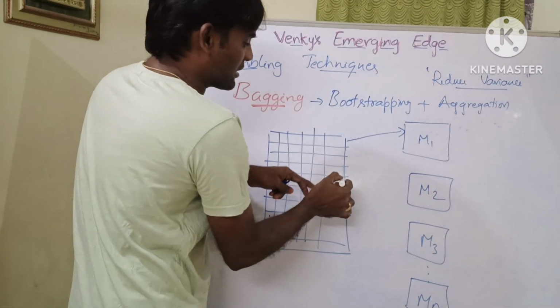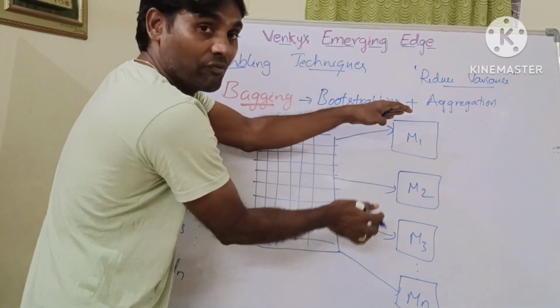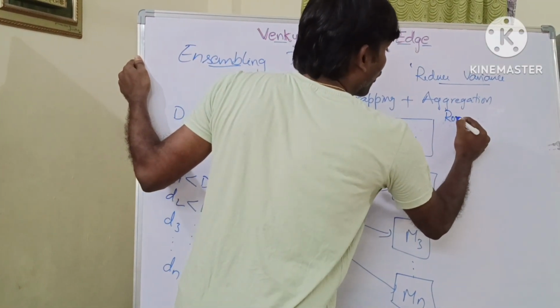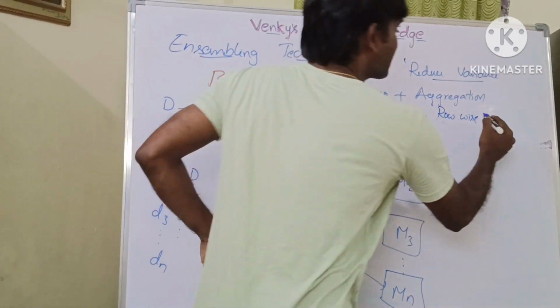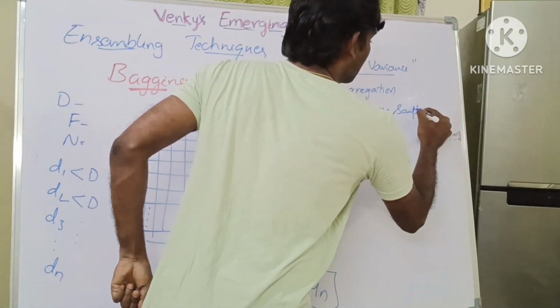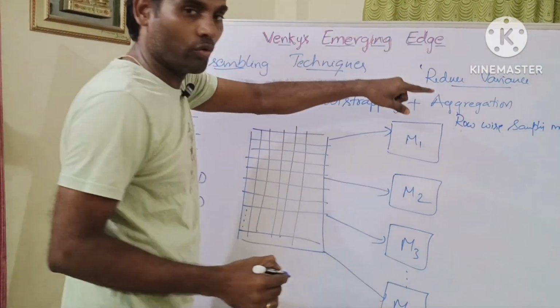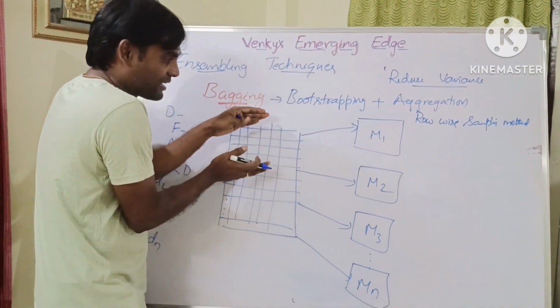Is it clear? The data set is given for training to the particular model. We are not giving the entire data set. The entire data set is D, but D1 is given to M1, D2 is given to M2, D3 to M3, and so on up to Dn. But these all are subsets.